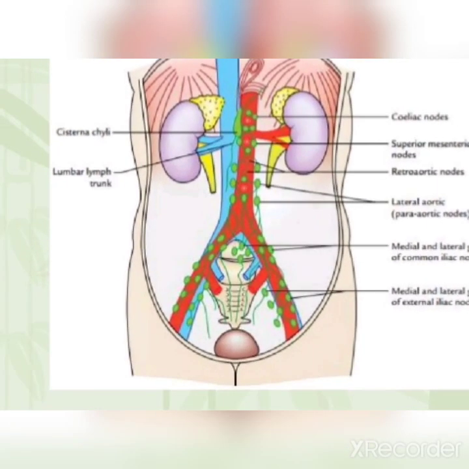Accordingly they are termed external iliac, common iliac and aortic lymph nodes. So, these are the various lymph nodes present in the abdomen.